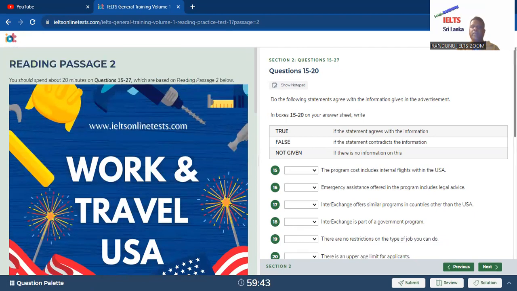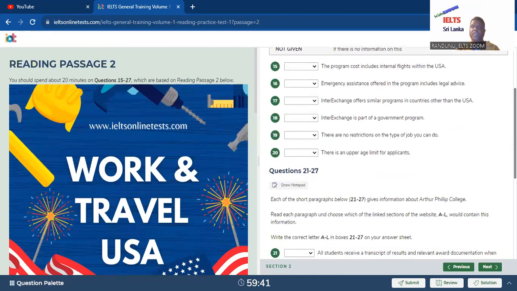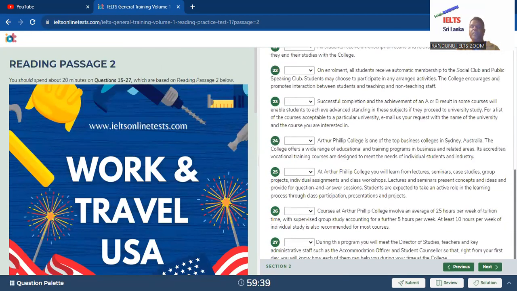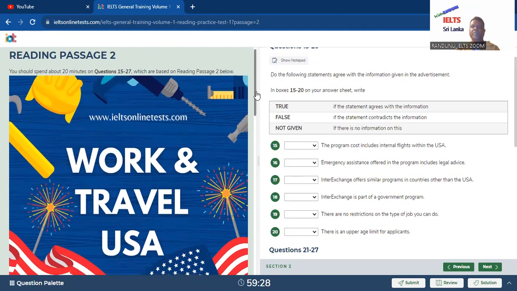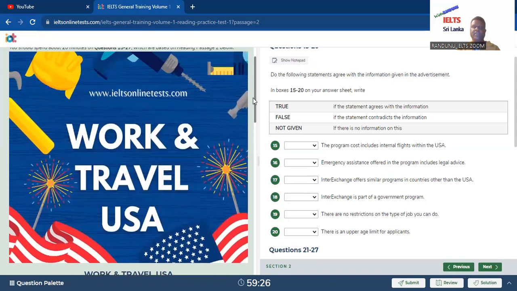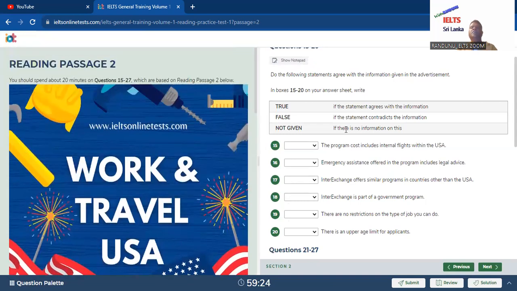And in this paper, the same 2 types have been given, right? So today we will try to learn at least 2 types. What are they? True, false, not given, and matching headings or matching information, right?